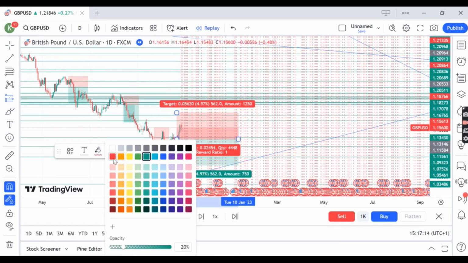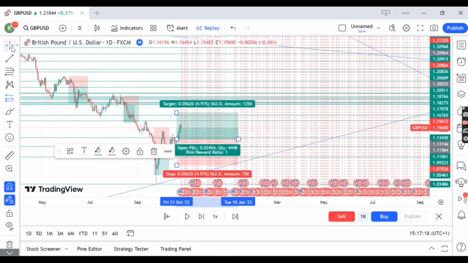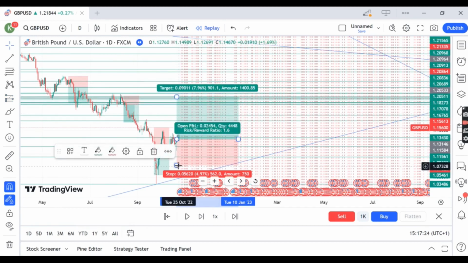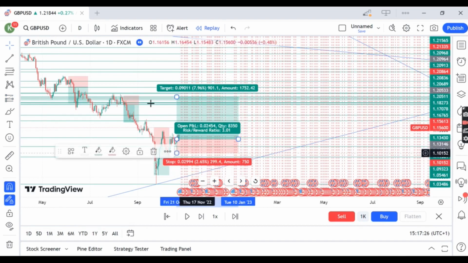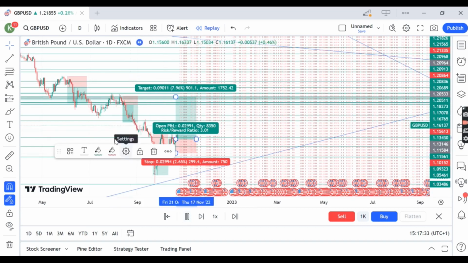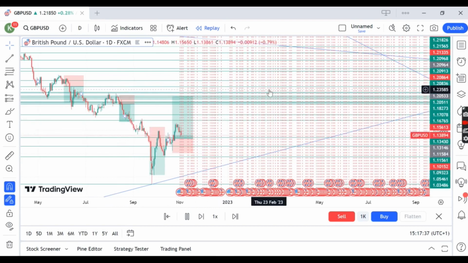I might not be able to say how far it can go. I can only say how far it can go depending on this level. I can't really say if it's going to break that level. I'm only going to be watching out for what price will do when it gets to that level. Then I'm going to use proper risk management in case the market begins to reverse.